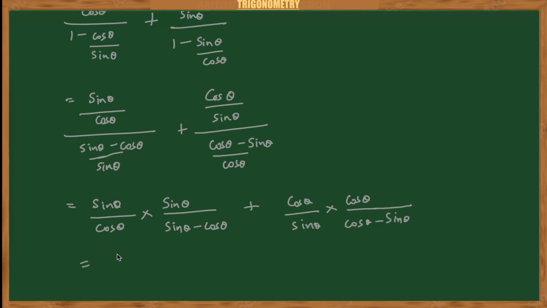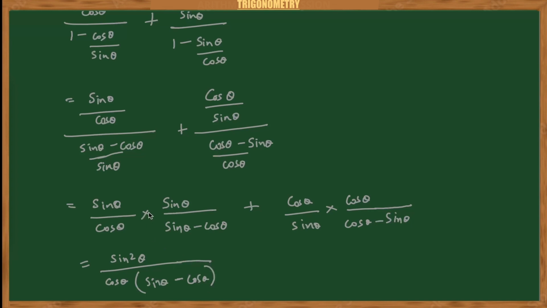Further simplifying, what do we get? Sin into sin becomes sin square theta. Here if you can see, common is cos, so let's bring the cos theta outside. Remaining is sin theta minus cos theta.